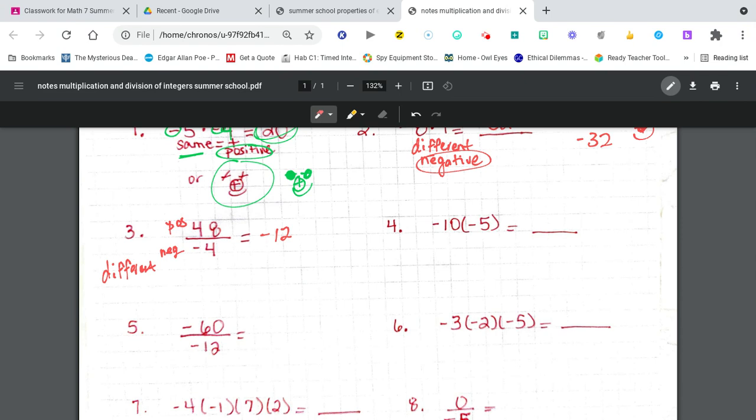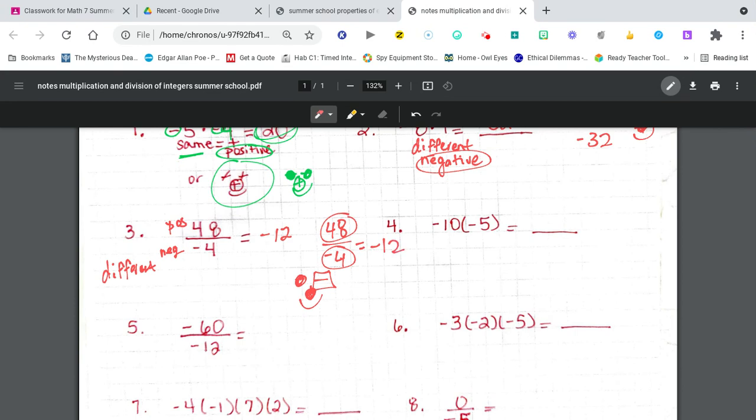But you could have also used the smiley face. 48 is positive, so cross out the positive. 4 is negative, so cross out the negative. I'm left with a negative. So I know I end up with a negative answer, and 48 divided by 4 is 12.